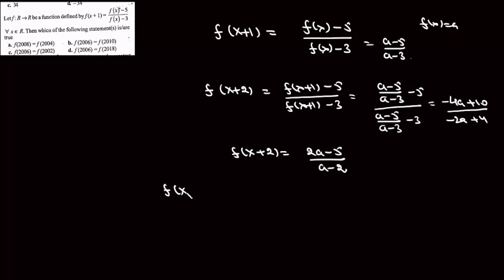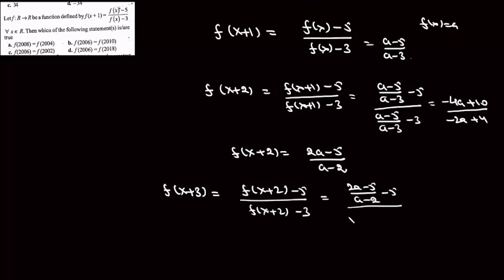Now we'll find f(x+3). So f(x+3) will be (f(x+2) - 5)/(f(x+2) - 3). Now this is (2a - 5)/(a - 2). So there will be ((2a - 5)/(a - 2) - 5) over ((2a - 5)/(a - 2) - 3).